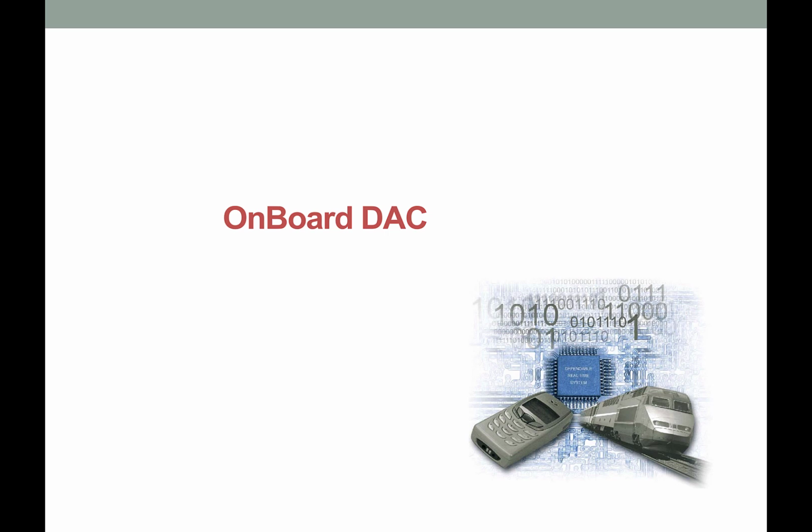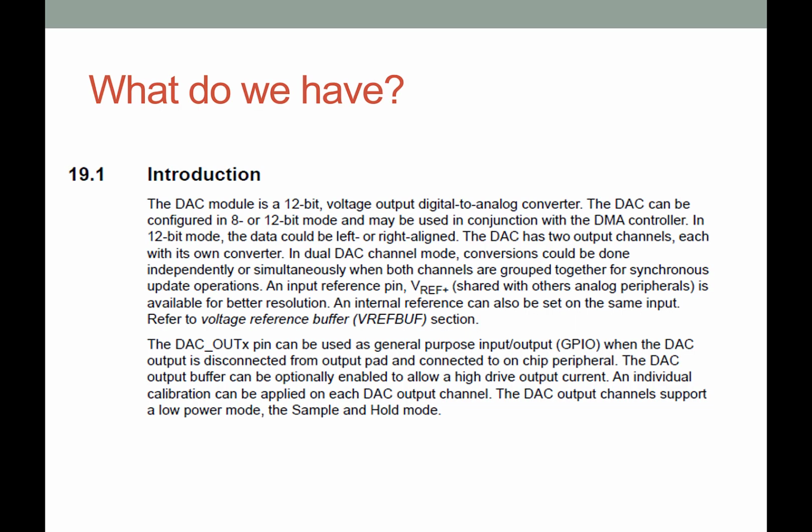Okay, so let's now talk about the onboard DAC in the STM32 Discovery Board system. As you can see, we've been talking about just the general digital to analog converters having 3, 4, 5 bits as we've looked at in those previous slides.